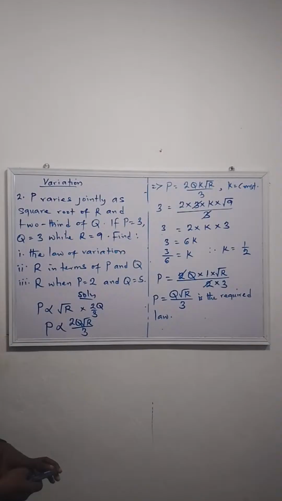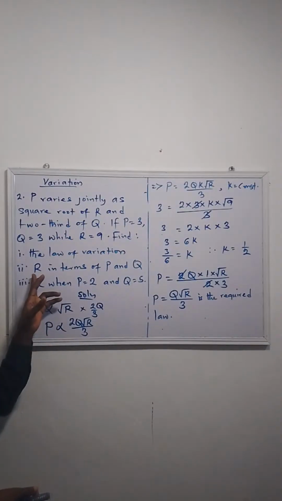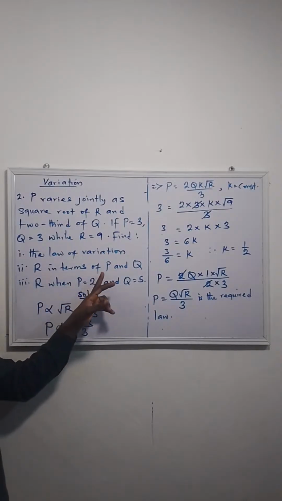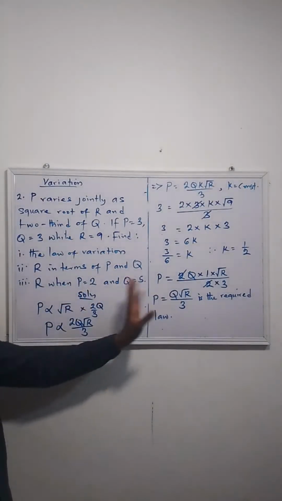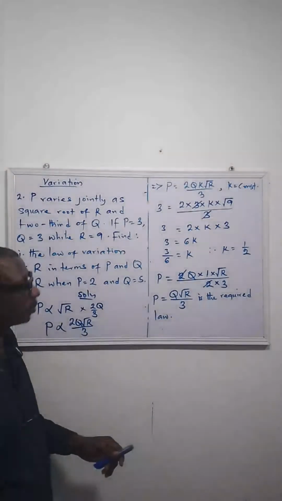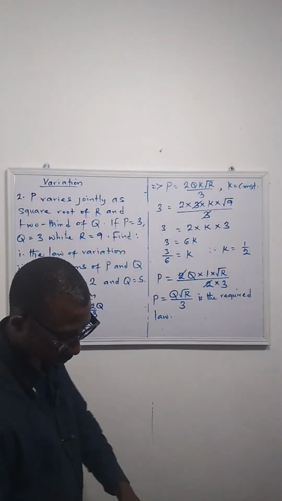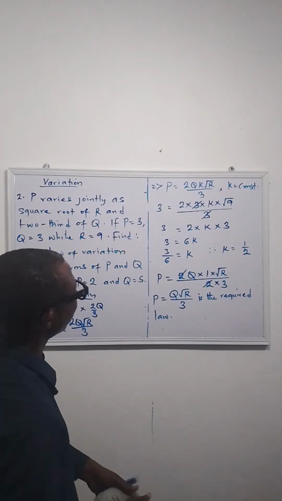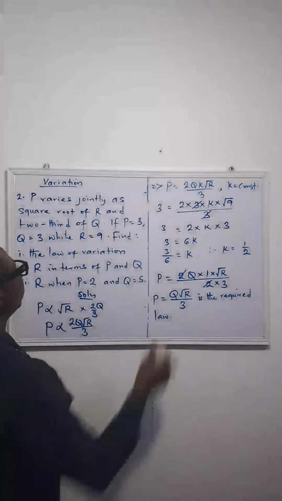All right, now the question goes further, saying that you find R in terms of P and Q. So what that means is you make R the subject of the formula. Now, how do we do that? Let's make R the subject of the formula.